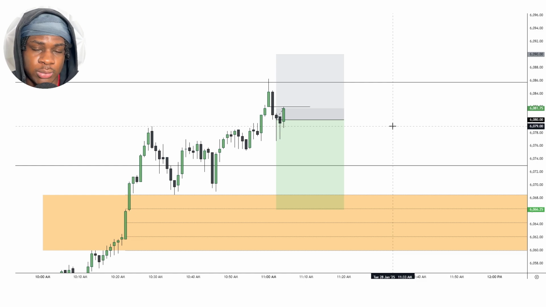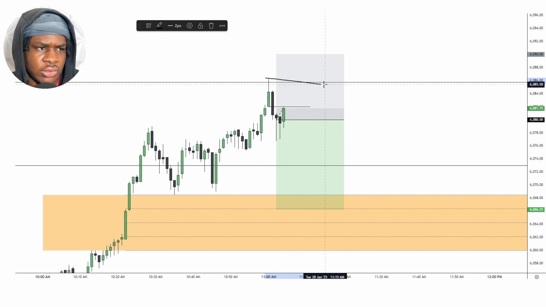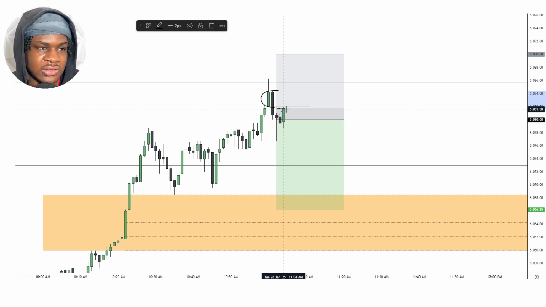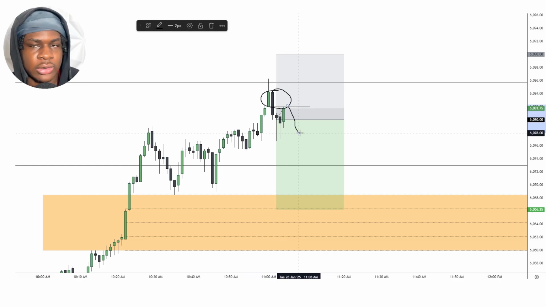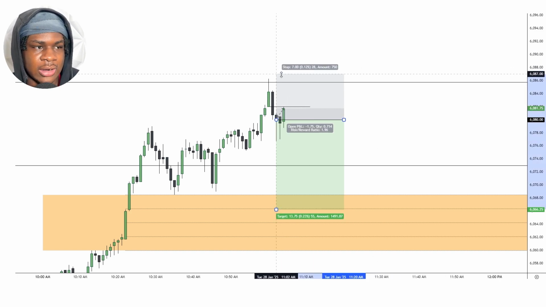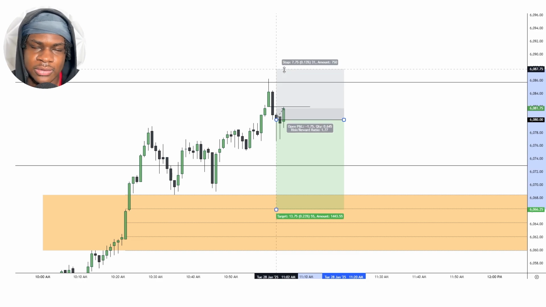Even though this was a 1.3R setup, I do eventually scale into my positions. So if we could see price come back into this original high here and create a turtle soup and drop lower, I would scale into my position. Or if price came back into this high point and then dropped lower, I would also scale into my position, maximizing my overall reward, and obviously adjusting my stop loss back above this high here or back above the turtle soup high.